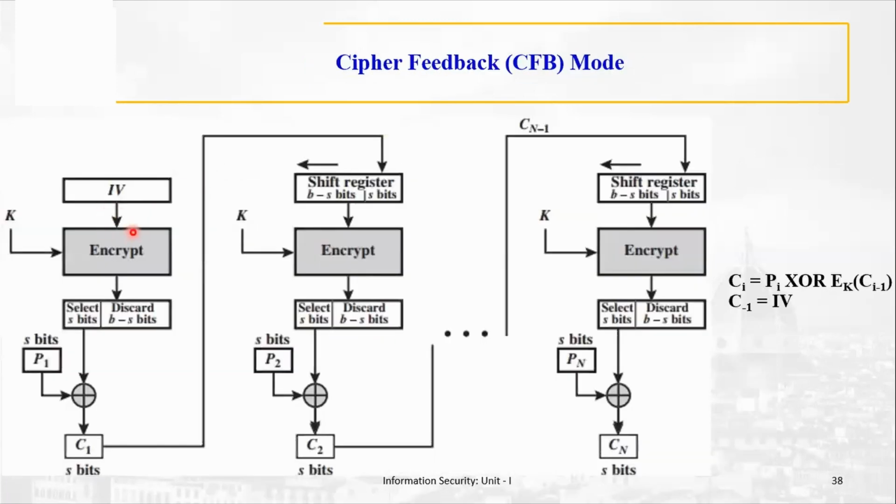Here that problem is resolved by choosing a different size of IV. After encryption of the IV, you are XORing the plain text with it to get the ciphertext. Okay, and then this is provided to the next block of the encryption.